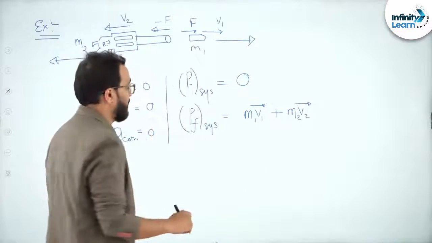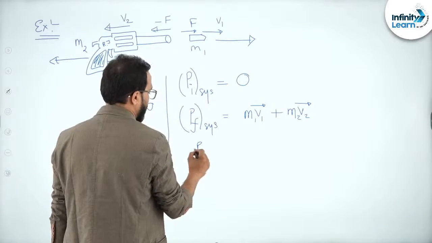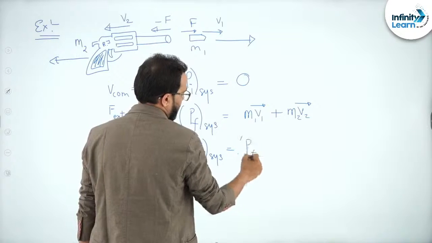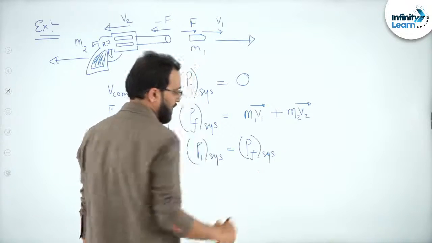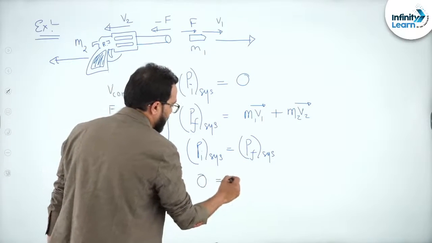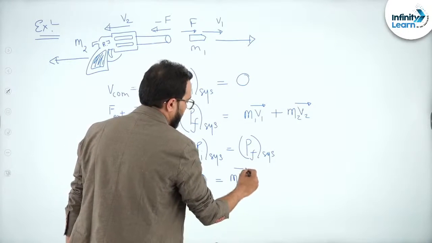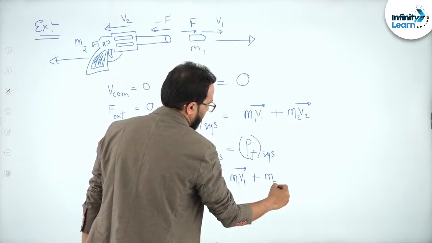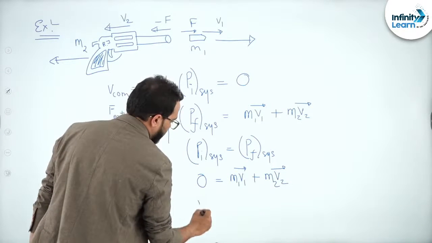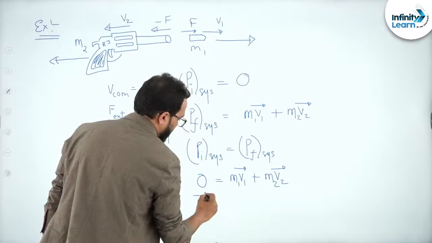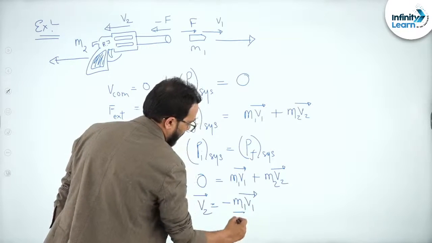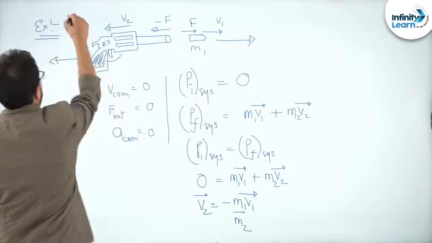Since there is no external force, the initial momentum of the system will be equal to the final momentum of the system. So 0 equals m1 v1 plus m2 v2. From here we can say v2 is minus m1 v1 upon m2.